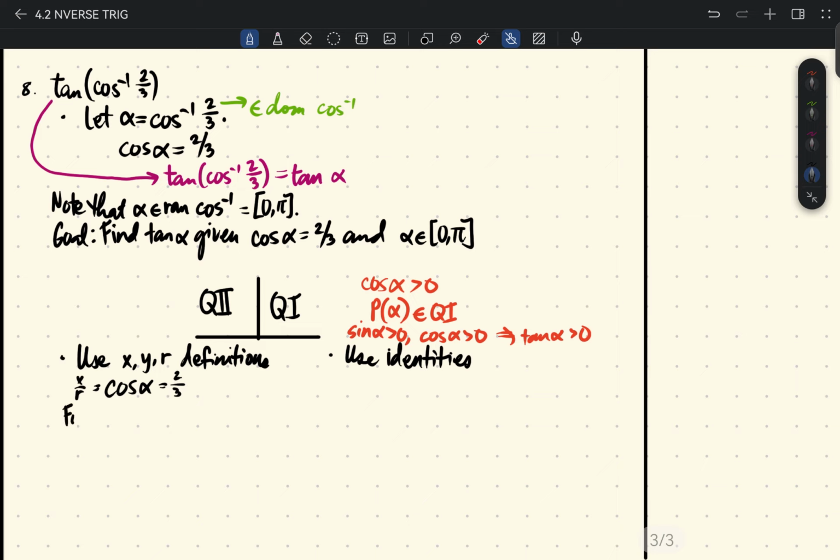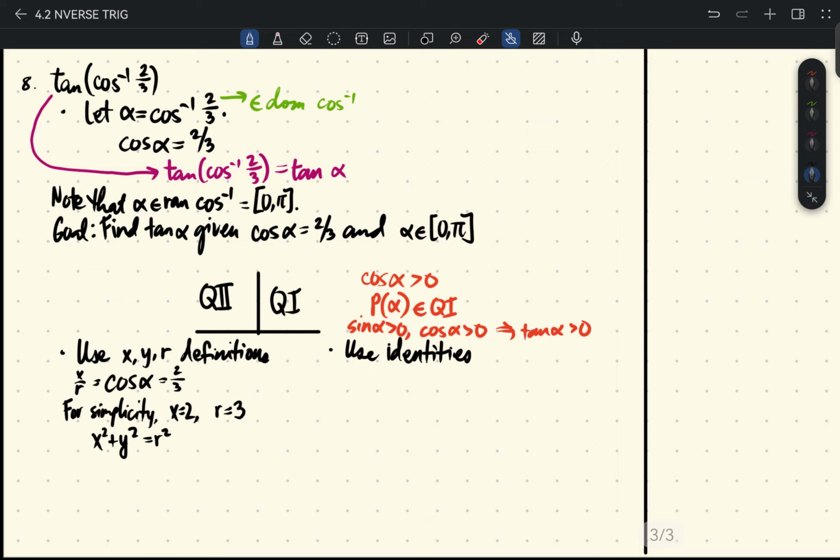So for simplicity, we can let x be equal to 2 and r be equal to 3, so that we can use the equation x squared plus y squared equals r squared and solve for y. So plugging 2 and 3 here, you'll get 2 squared, which is 4, plus y squared equals 3 squared equals 9. And so y squared equals 5, giving us y equals plus minus square root of 5.